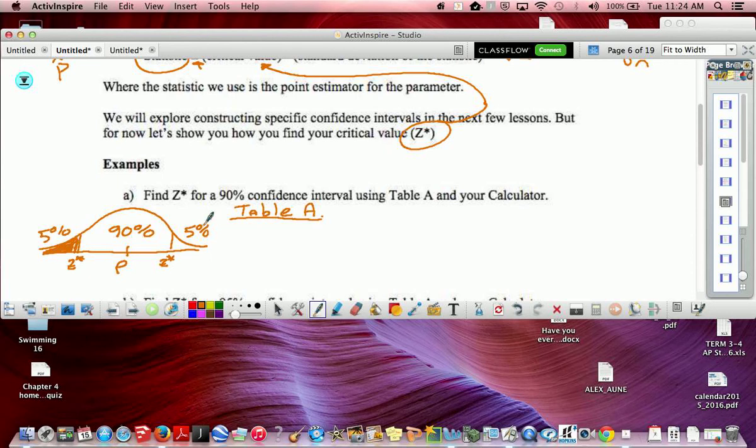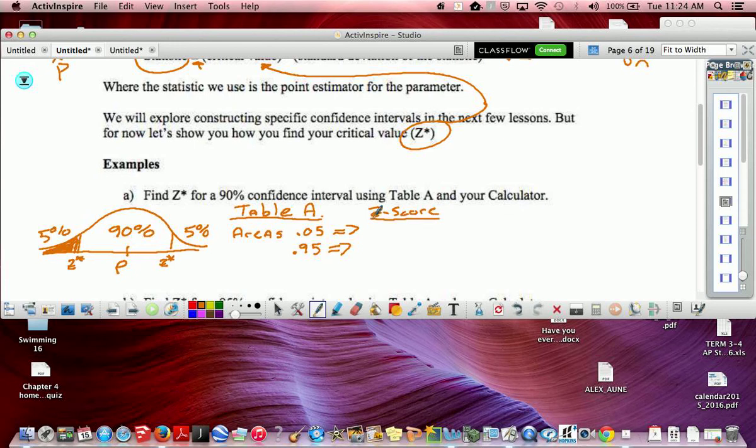It's symmetric, so if I divide that in half, I have 5% left and 5% left. So on table A, I'm going to look at areas of 0.05 and 0.95 and look at what z-score corresponds to that.